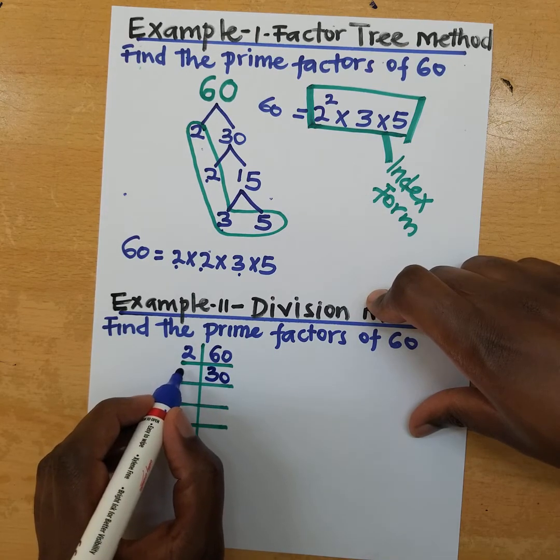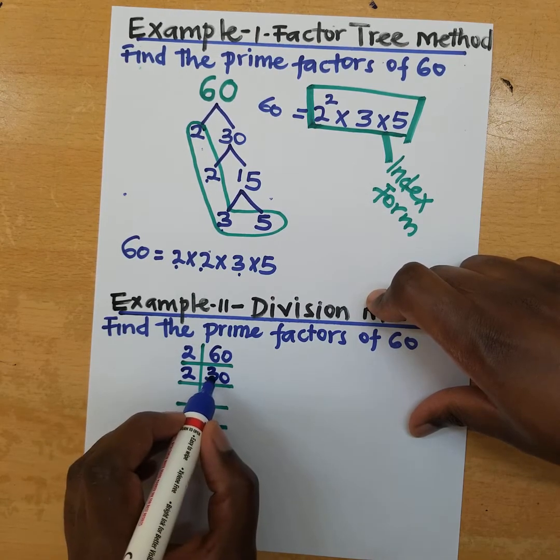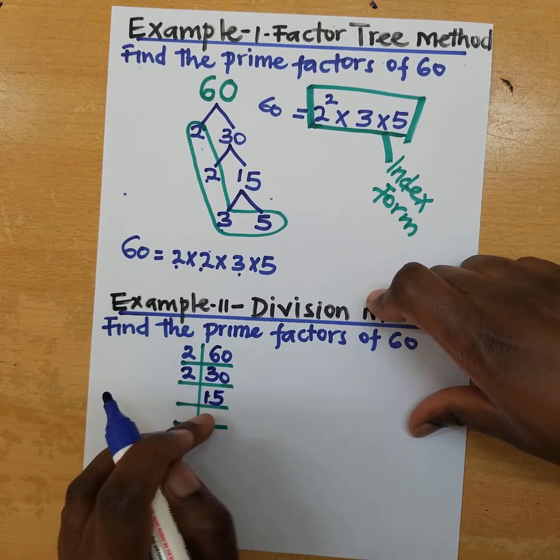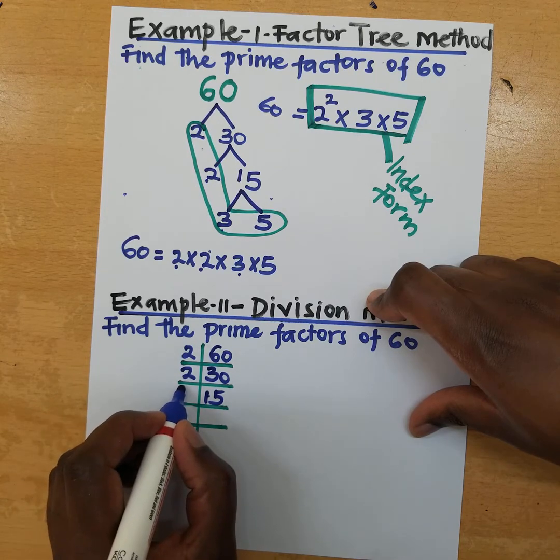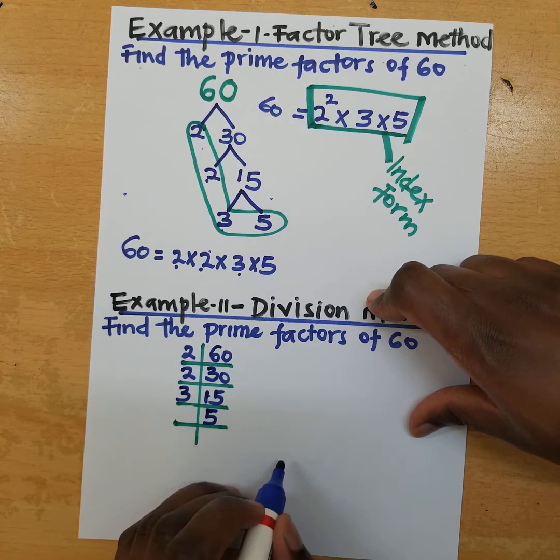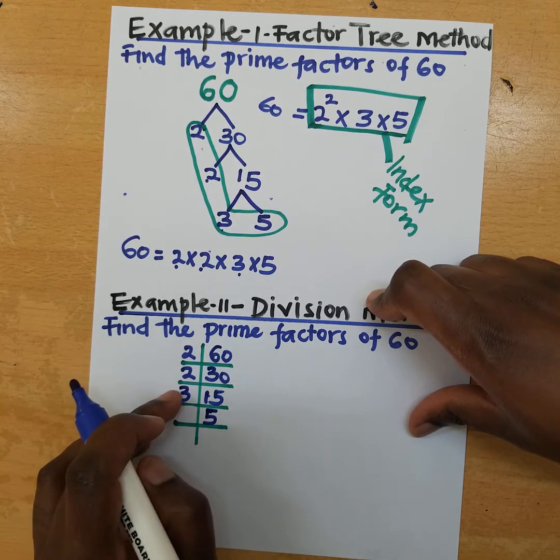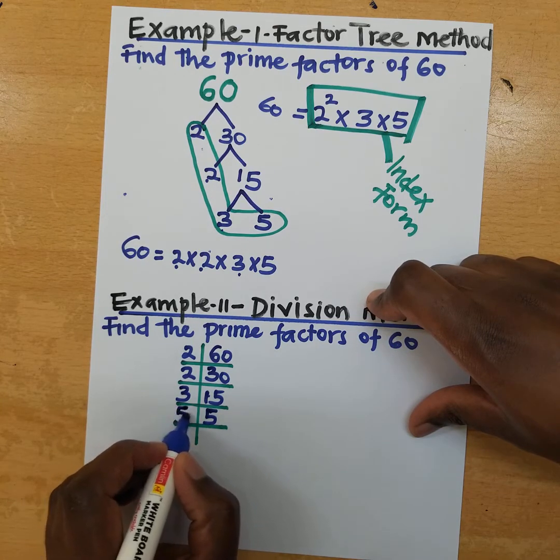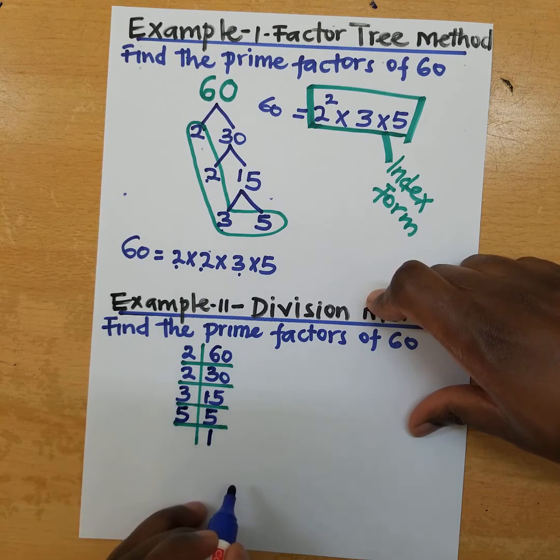Again, I'll use 2. 30 divided by 2, I'll get 15. Now I realize that I cannot use 2 anymore. I'll use 3. 15 divided by 3, I'll get 5. I cannot use 3 now, so I'll use the next one, which is 5. 5 divided by 5, I'll get 1.